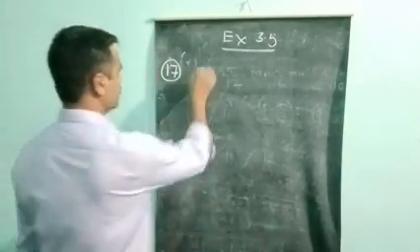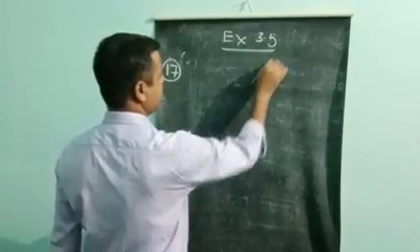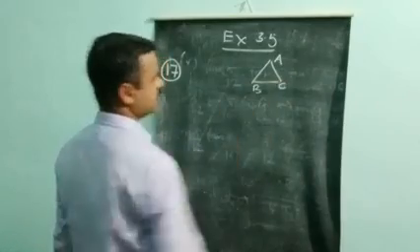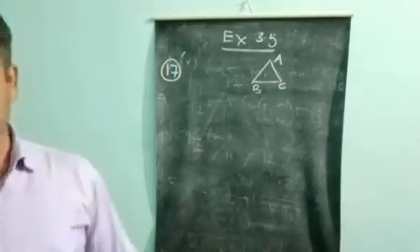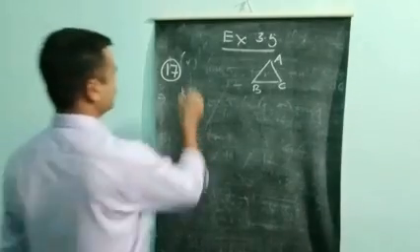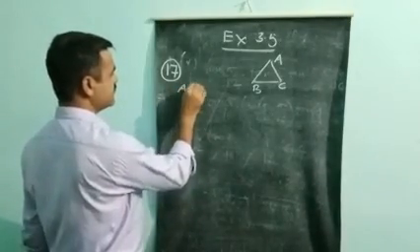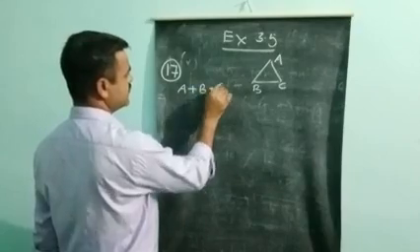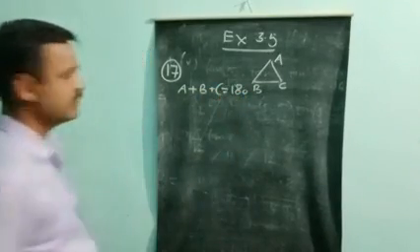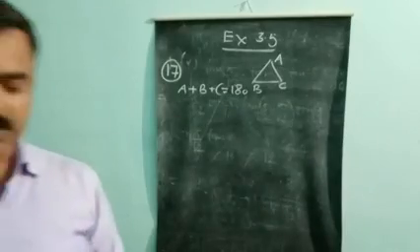You know, if this is a triangle with angles A, B and C, you know that the sum of all the angles of a triangle is 180 degrees. So A plus B plus C equals 180 degrees. Everyone knows A plus B plus C equals 180 degrees.